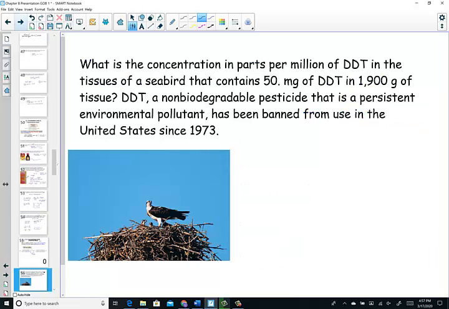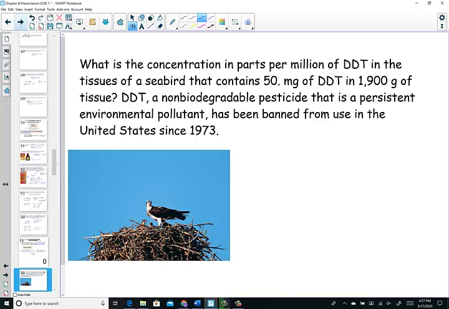What is the concentration in parts per million of DDT? This is a very famous chemical that has been banned. It's been found in the tissues of a seabird that contains 50 milligrams of DDT in 1,900 grams of tissue.